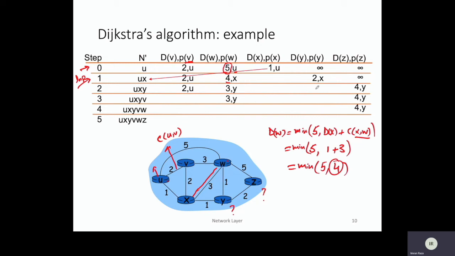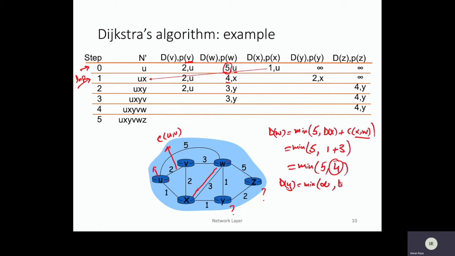Similarly, we will update our cost to reach Y. So similarly here we can calculate DY. Again, it's the minimum of the previous cost. What was the previous cost? Look at step 0, infinity. And the cost to reach the newly added node, which is the node that we added in step 1.